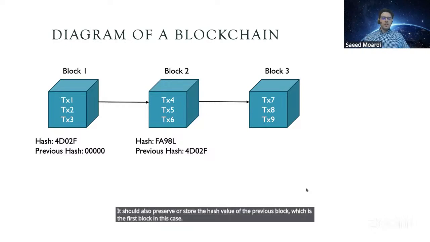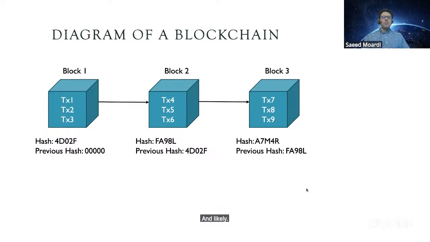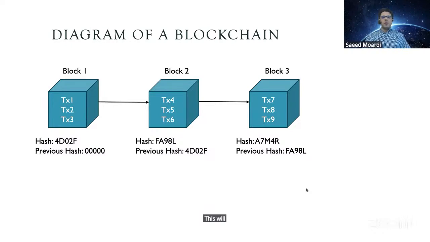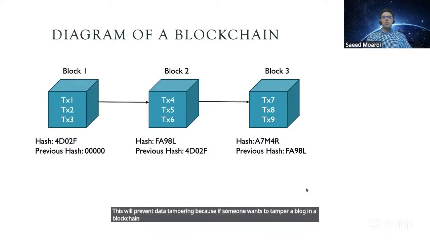Likewise, the third block is also connected to the second block by storing the hash value of the second block. This prevents data tampering, because if someone wants to tamper with a block in a blockchain, they also have to change the previous block, and for changing the previous block, they also have to change the previous block of that previous block.